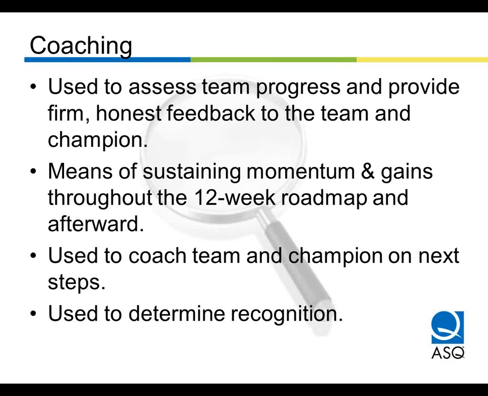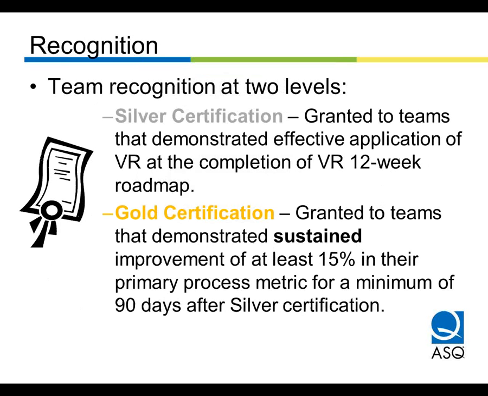It was also used as a way to coach the team and the champion on their next steps, and used to determine recognition. There were 2 levels of recognition. The first level was called silver certification, and this was granted to teams that demonstrated effective application of variation reduction at the completion of the 12-week roadmap.